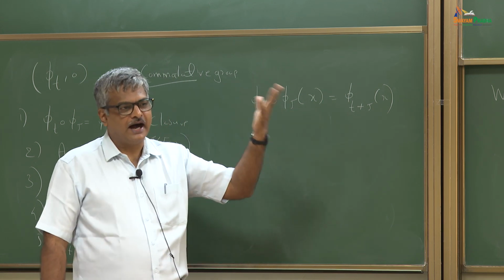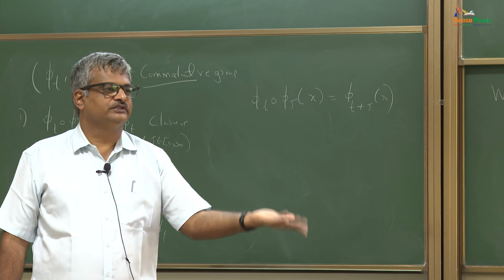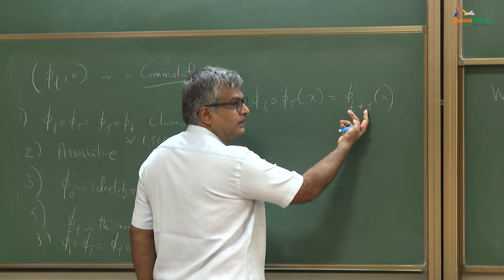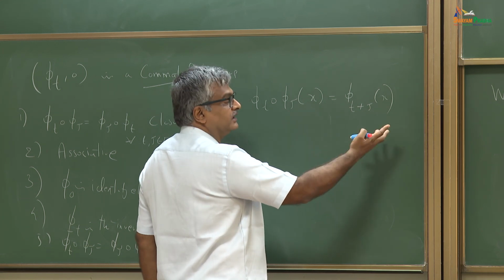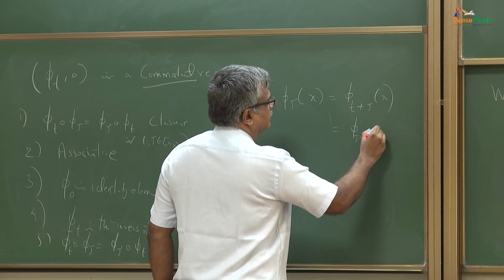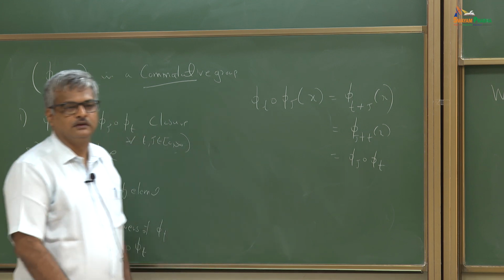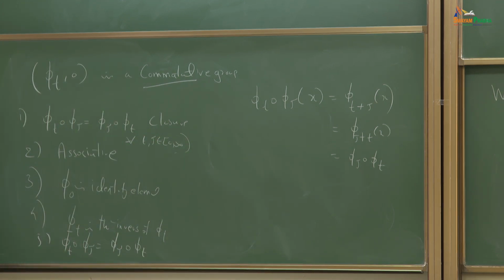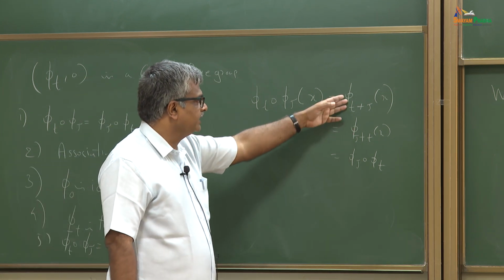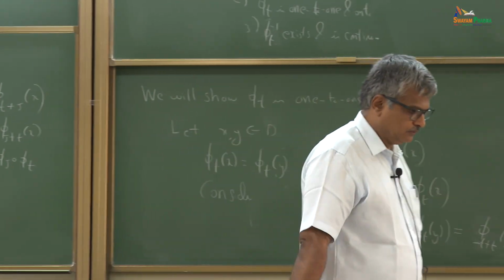The real line R with the operation of addition is a commutative group, because a plus b is same as b plus a. So that proves that it's a commutative group. So you see that all the proofs heavily use the group property of the flow. Very important property.